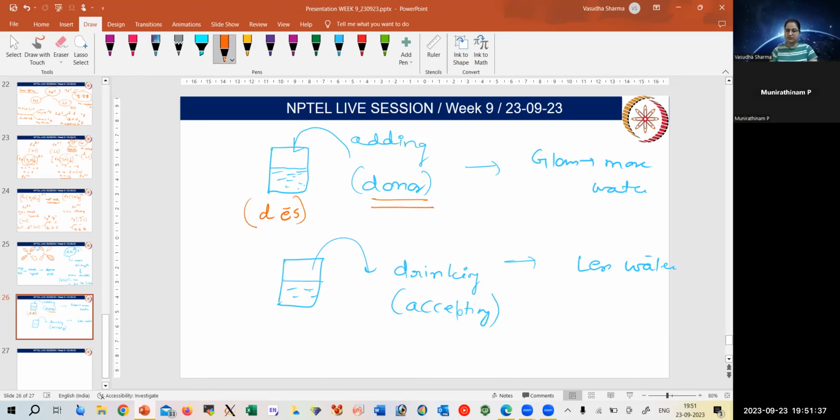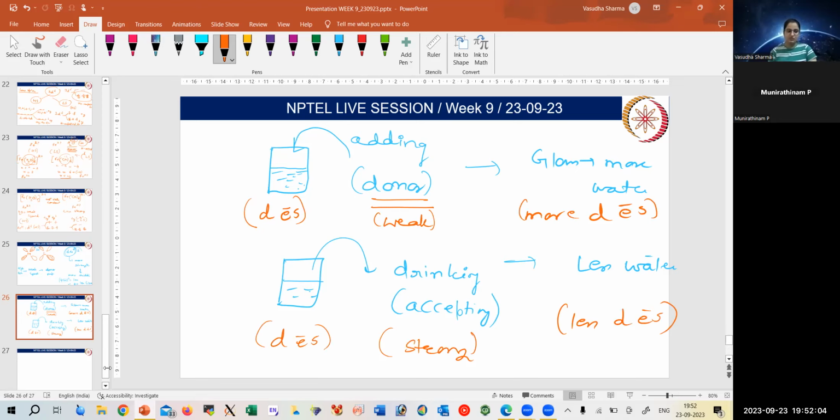Weak ligands are called donor ligands. If it is giving, then it would be having more d electrons. Here the same d electrons, but the strong or accepting ligands are taking the d electrons from it, so that would be having fewer d electrons. Now you understood?